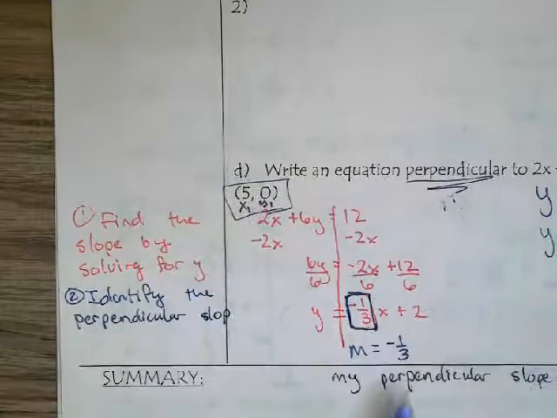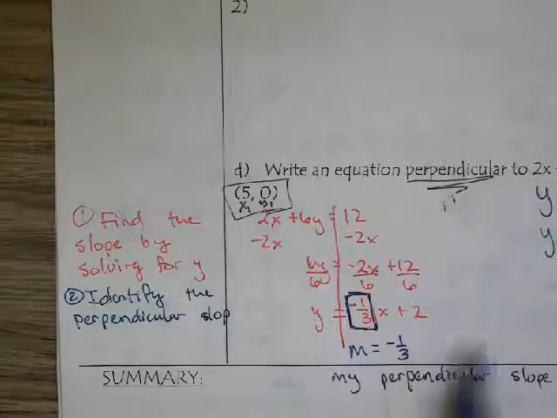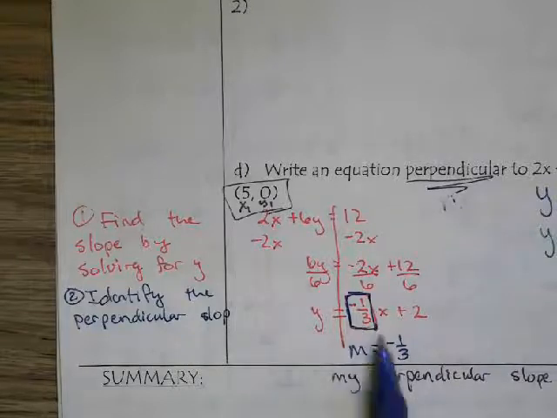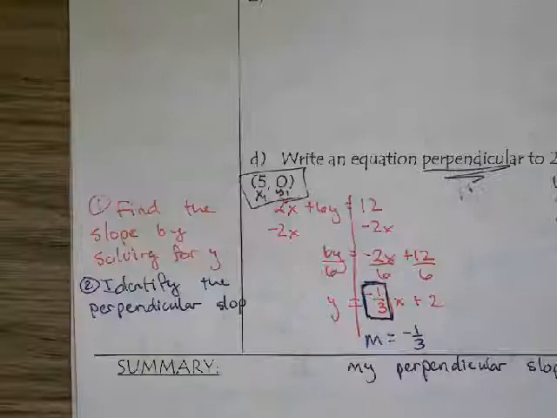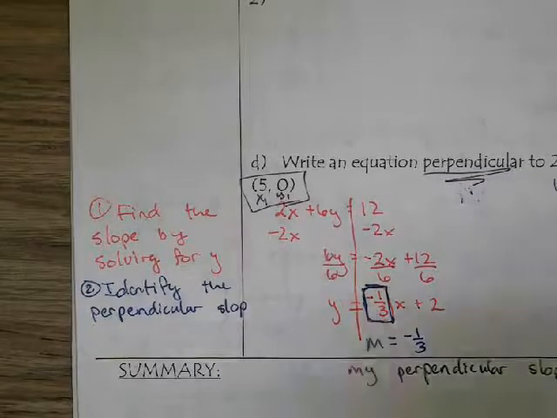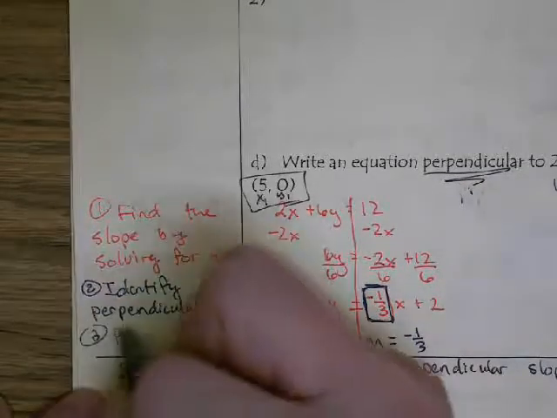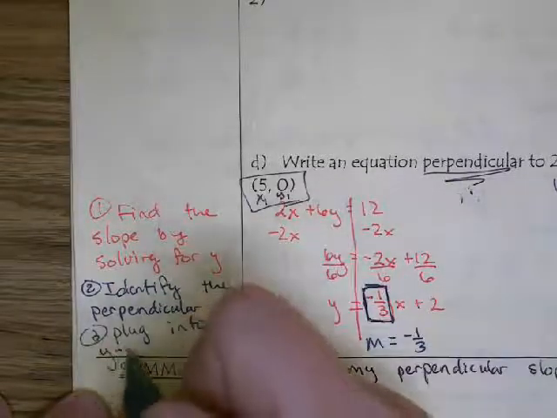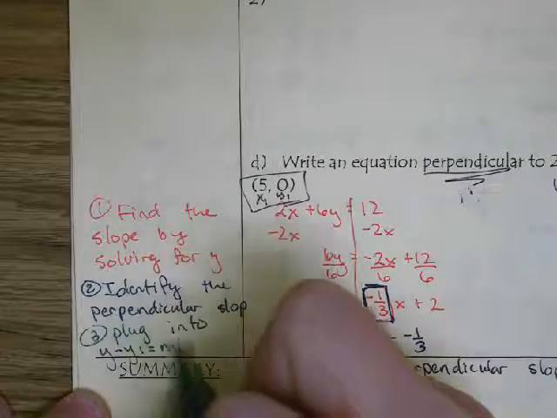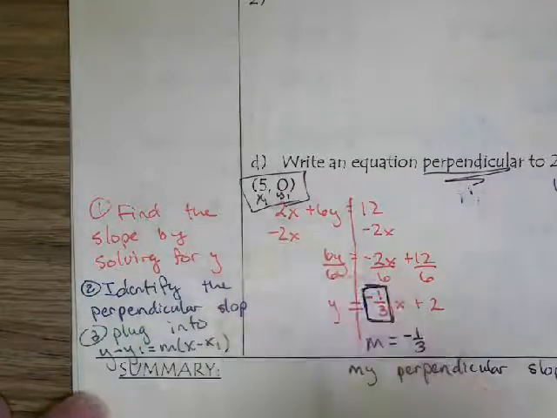That's what we did second, where I said, if I know my slope from solving for y is negative 1/3, then my perpendicular slope is 3/1. Then our third step was to plug into y minus y1 equals m times x minus x1.